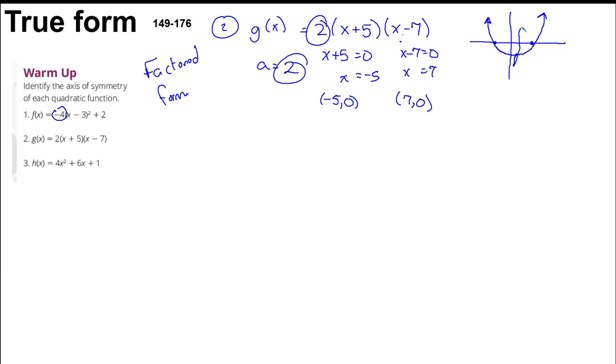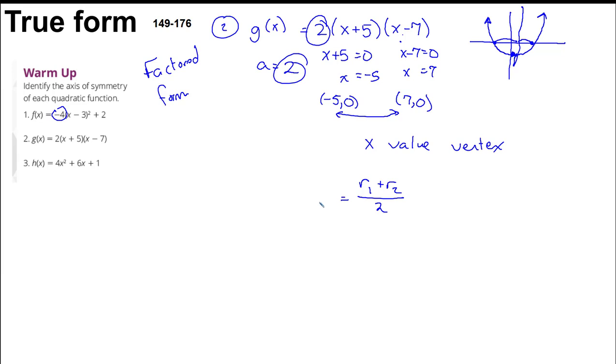The axis of symmetry is halfway between it. It's at your vertex, and I know I didn't do a good job of sketching that, but it should be somewhere over here. The distance here and the distance here is going to be the same. So halfway between these 2 points is the x value of your vertex. And so to find that, you do root 1 plus root 2 divided by 2.